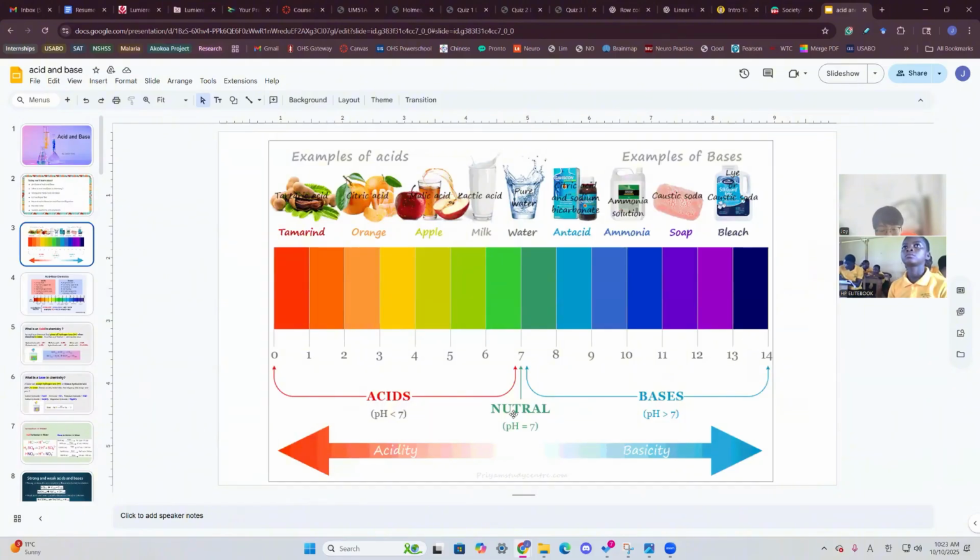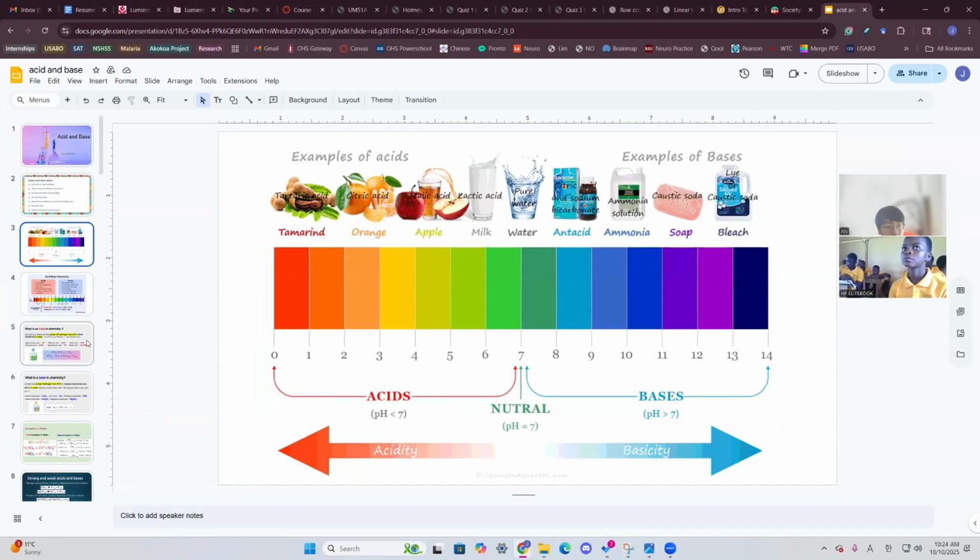So neutral has a pH of 7. That means it's not an acid and it's not a base. Neutral is exactly in the middle. And when acids and bases combine, they form a neutral compound.